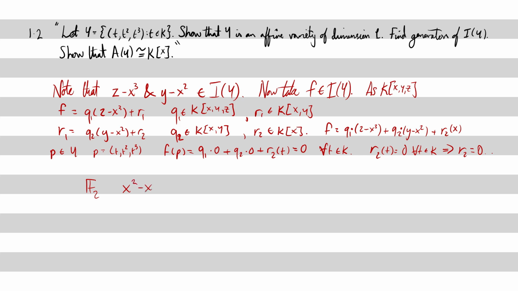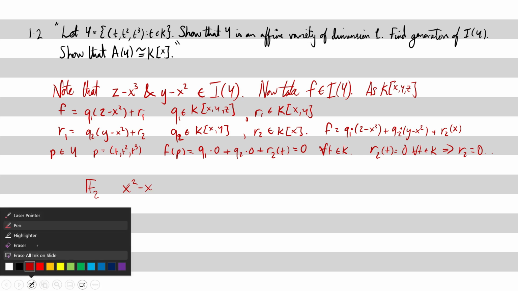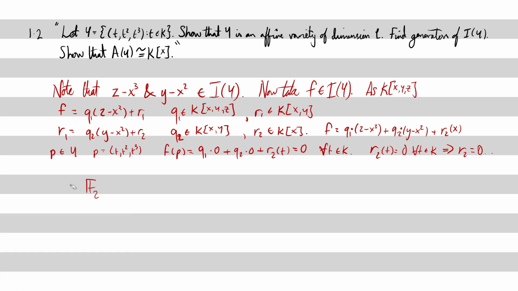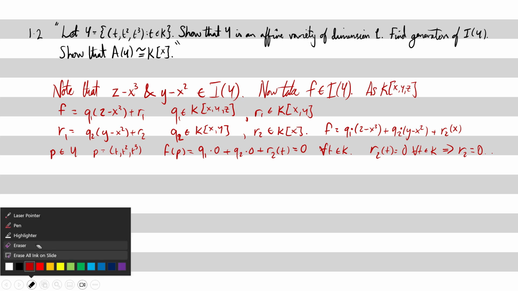Take x squared minus x. Plug in 0 and it's just 0. Plug in 1 and it's 0. So it's 0 everywhere, but it's not itself 0.